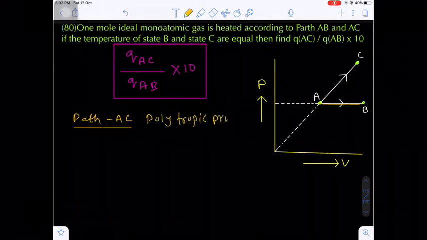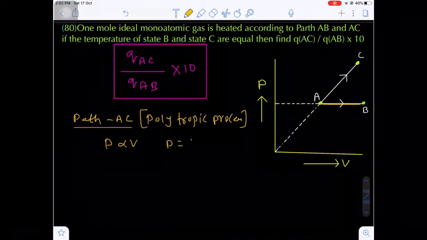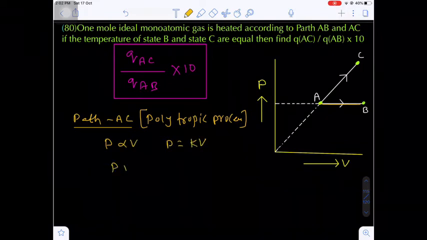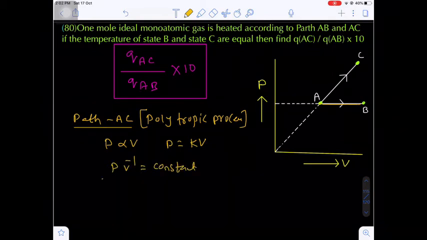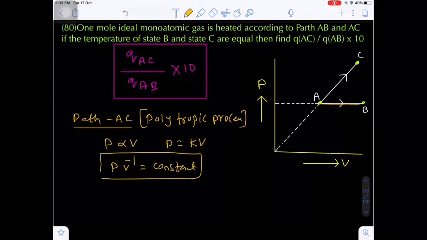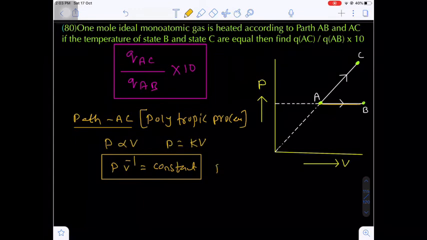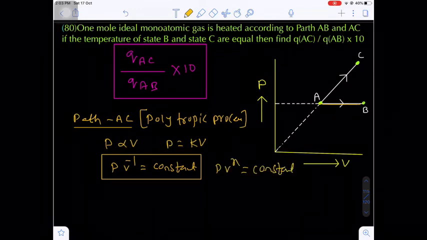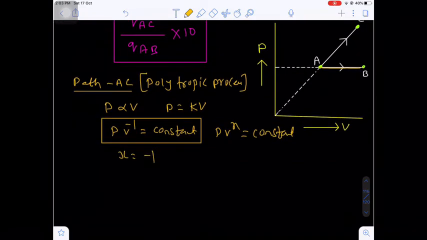Shall I write P equal to some K times volume? With the help of this, P into V to the power minus 1 is equal to constant. This will be the PV expression regarding the polytropic process path AC. If you compare with the general expression PV to the power x is equal to constant, what will be the exponent x value? That will be equal to minus 1. Are you getting my point?